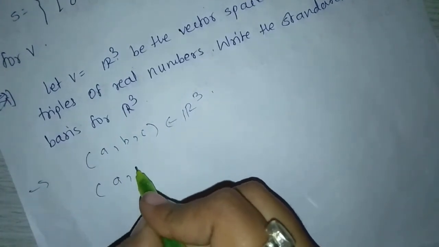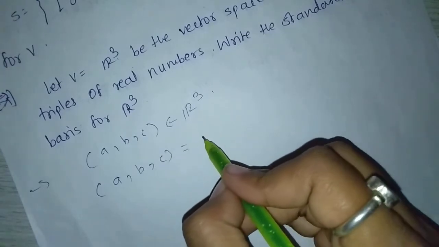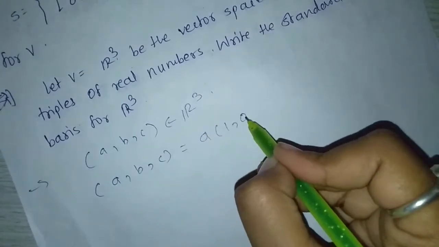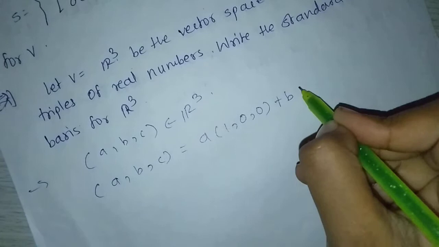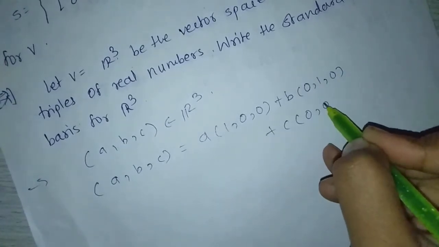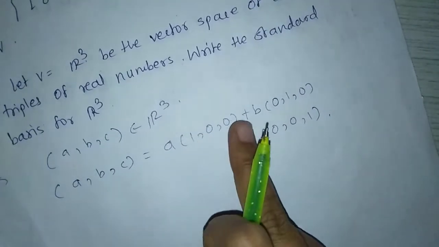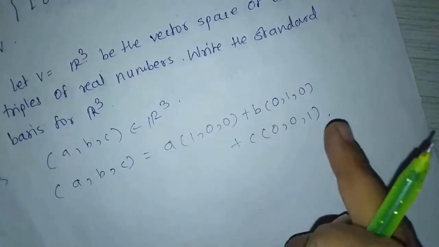First, (A, B, C) can be written as A into (1, 0, 0) plus B into (0, 1, 0) plus C into (0, 0, 1). Means (A, B, C) is a linear combination of (1, 0, 0), (0, 1, 0), (0, 0, 1).